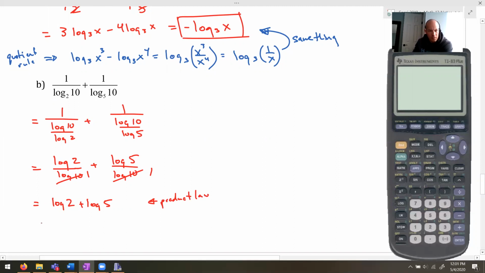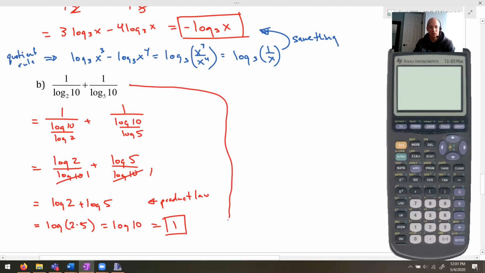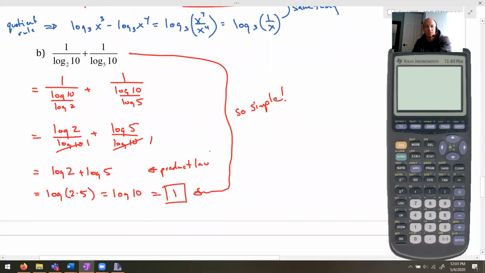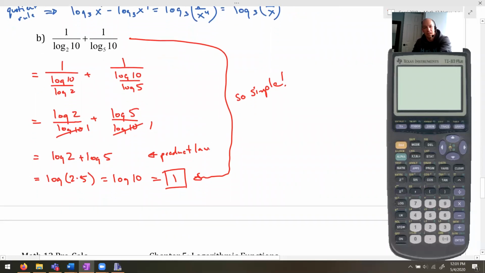And we can make this equal to log of 2 times 5, which is log of 10, which is 1. Look how beautiful that is. Can you believe we started with this, discussing this, and we simplified it? So simple. Anyway, it all turned out to be equal to 1. Cool beans. Just stare at that for a sec. Isn't it beautiful? Amazing logs.